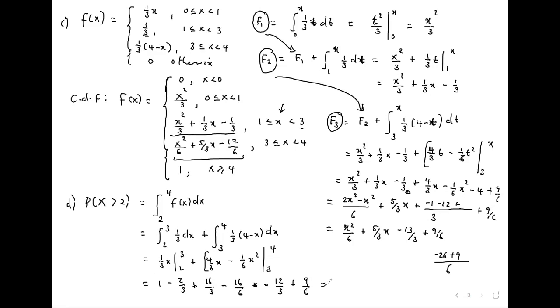So 1 minus, for the 3's, we'll say negative 12 minus 2, that is negative 14 plus 16, that's 2. So 2 over 3.